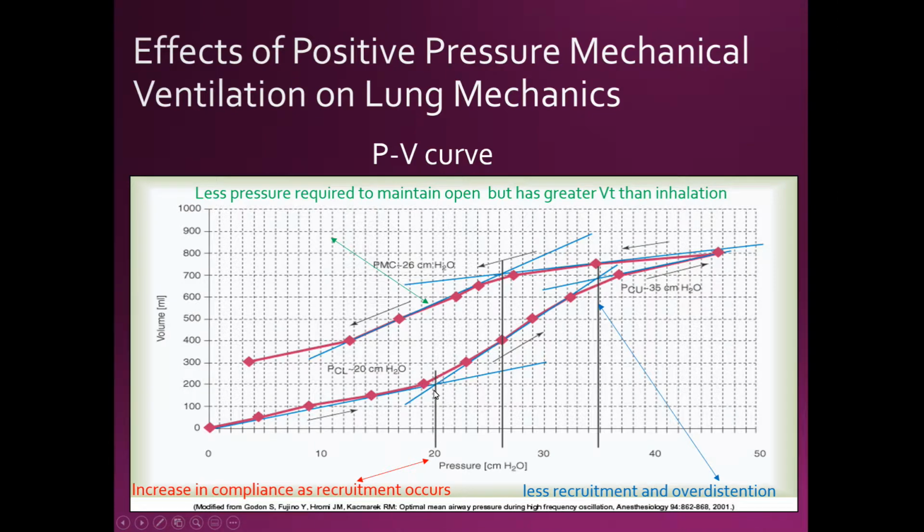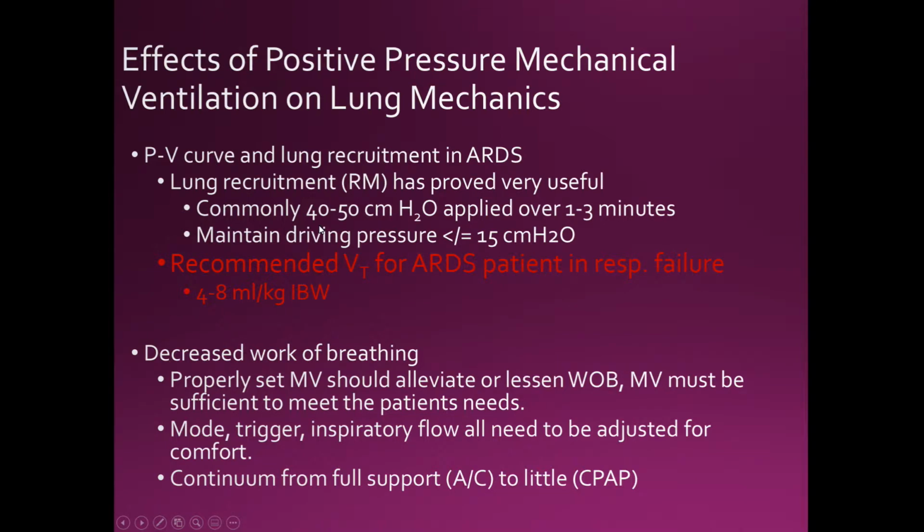And then it's at 300. So if I hit around the 300, I would loop back. All right, so that'd be more restricted because it takes more pressure, but yet I have smaller volumes. That's how ARDS is going to look in a pressure volume loop.